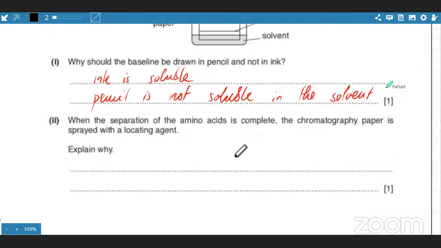The next part is when the separation of the amino acid is complete, the chromatography paper is sprayed with a locating agent. Now you're trying to identify amino acids. So the problem with amino acids is that they are colorless.